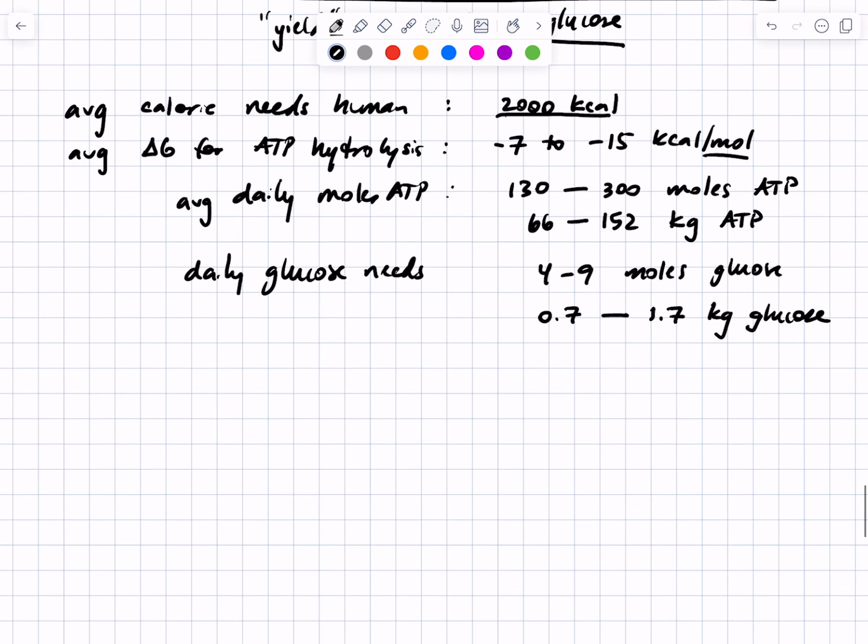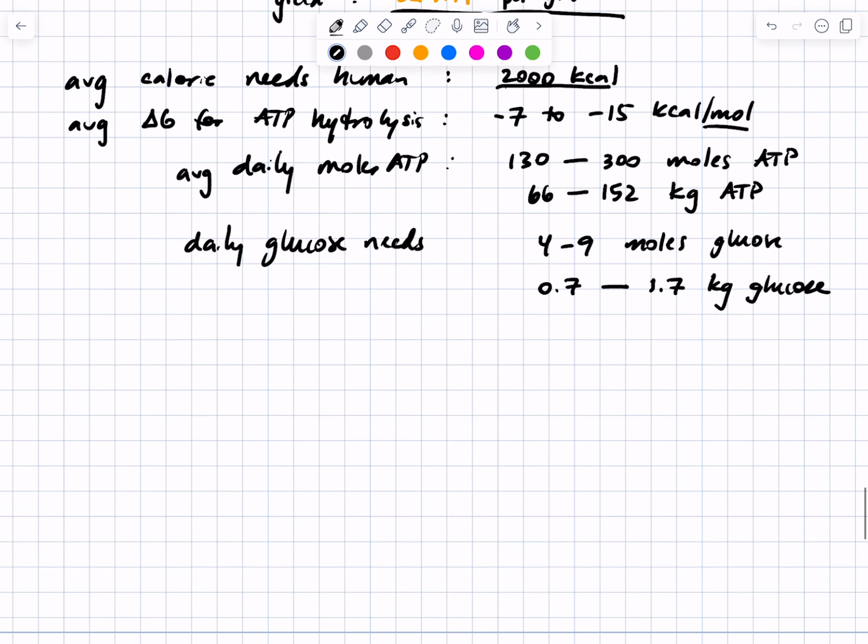And of course, we've talked about triglyceride metabolism. We haven't talked a lot about protein metabolism. You can get ATP from a lot of sources. It all gets funneled through acetyl-CoA. So you can actually figure out about how much ATP is in the average person.